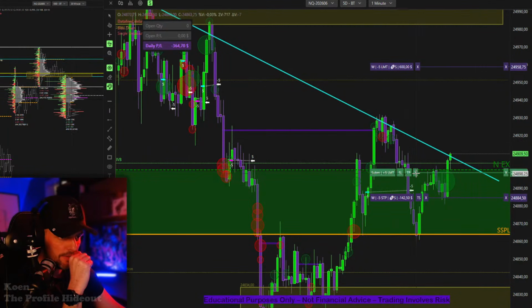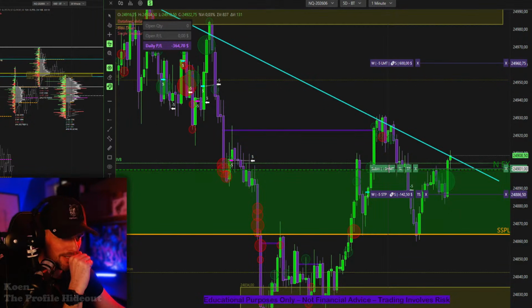Guess we're missing that trade too. Could have been more aggressive. I could order somewhat higher though, yeah. Against that structure, that wouldn't make sense.